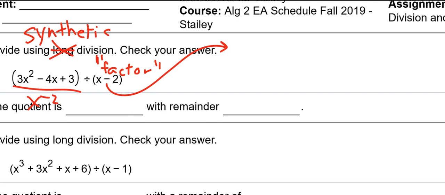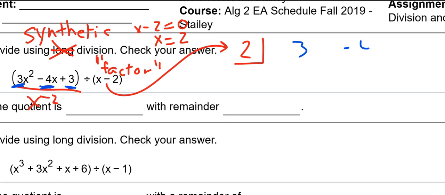The 0 that we get from x minus 2, remember we set the factor equal to 0 and solve, is 2. So in the box on my synthetic division, I'm going to put a 2. My individual coefficients are 3, negative 4, and 3.